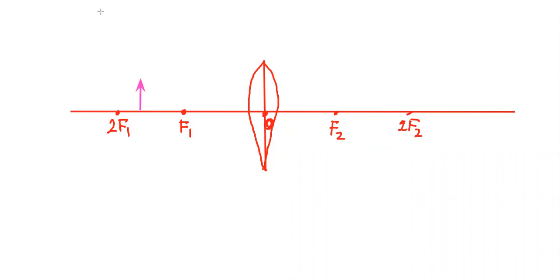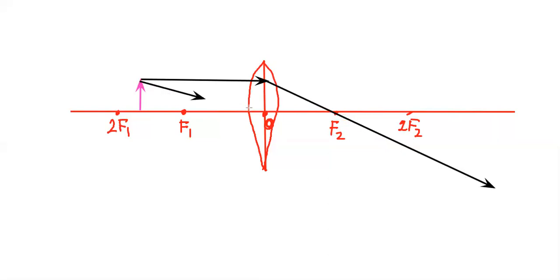Now the rays from this object will strike the lens and pass through the focus. Another ray will pass through the optical center, and they will meet somewhere over here. From the point where they meet, if I draw the image, that will be the image formed.